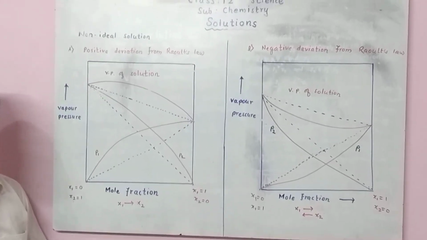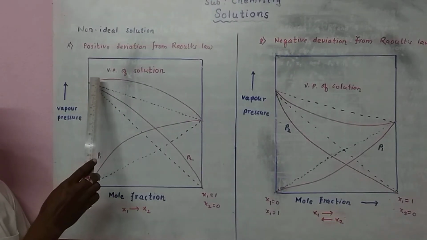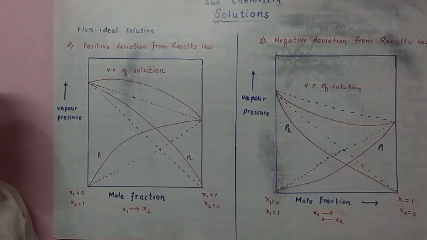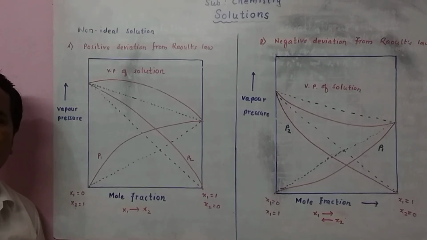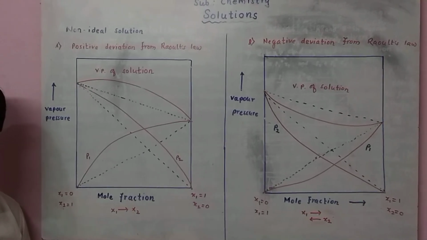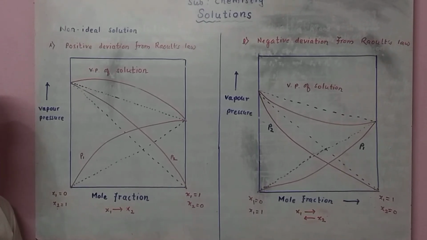Positive deviation: the solutions in which solute-solvent intermolecular attractions are weaker than those between solute-solute and solvent-solvent molecules exhibit positive deviation. The vapor pressure of the solution is higher than those of the pure components. For example, ethanol and acetone. Second example, carbon disulfide and acetone.